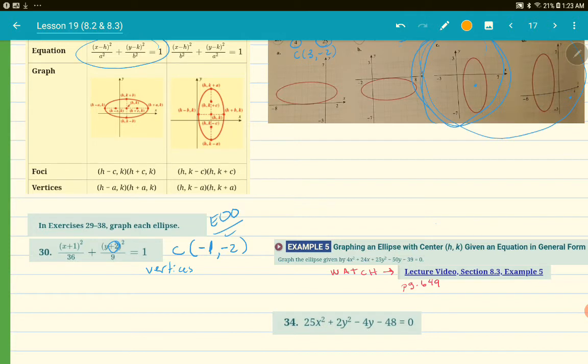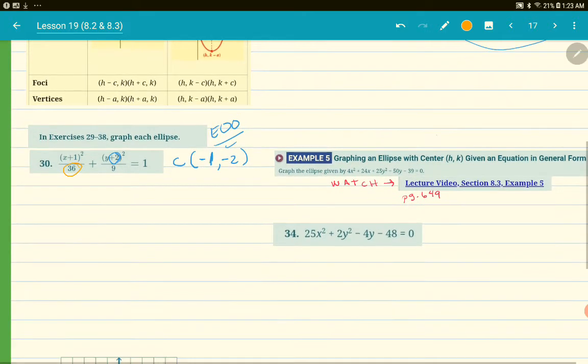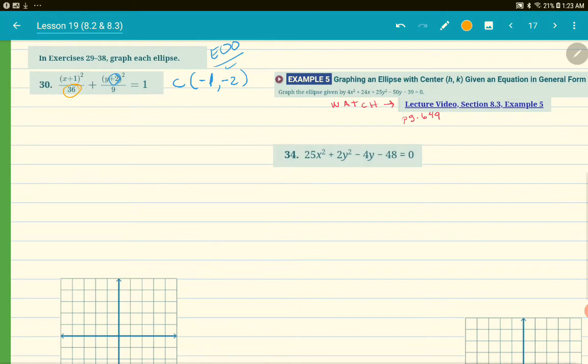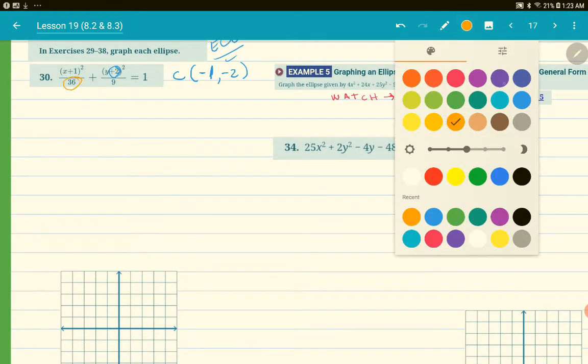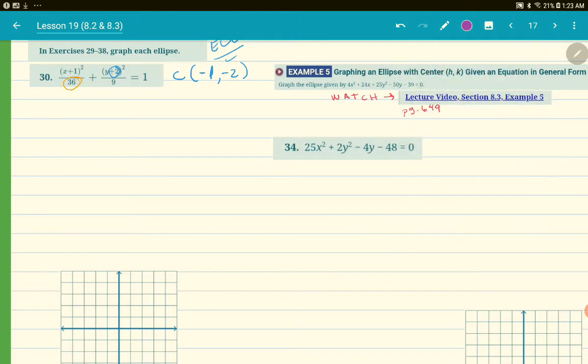And then my vertices, under the X, I have a 36. So actually, you know what I'm going to do in this one is start to graph it, because I think it's sometimes easier to look at graphically. So I'm going to start by plotting my center, (-1, -2). There's my center.